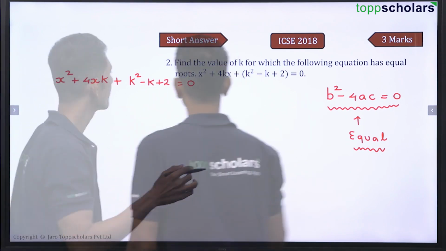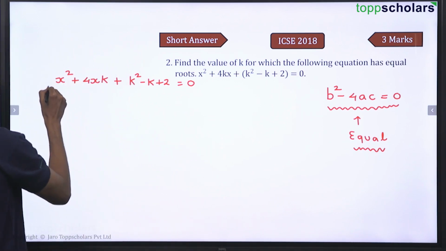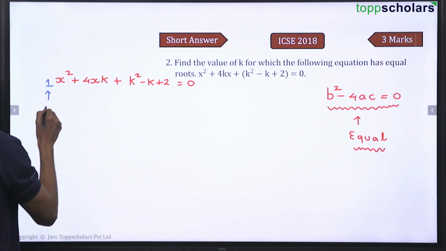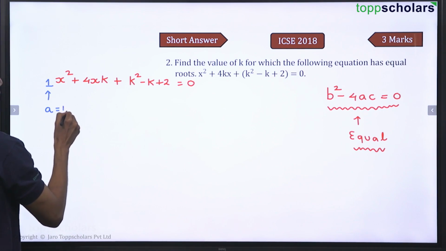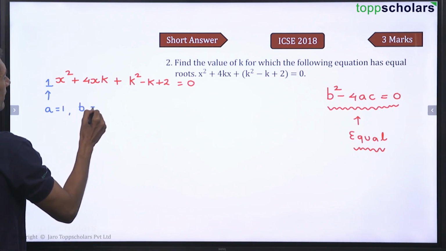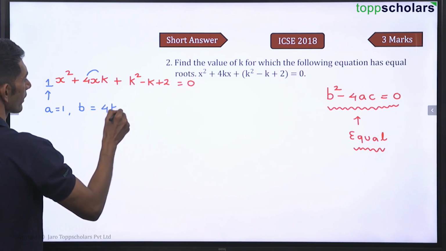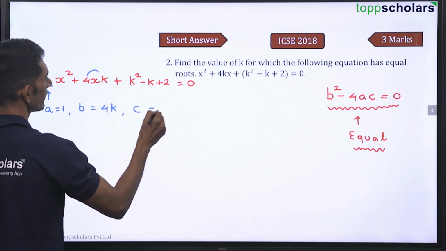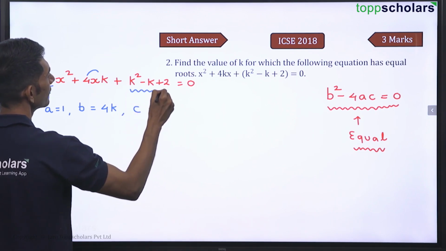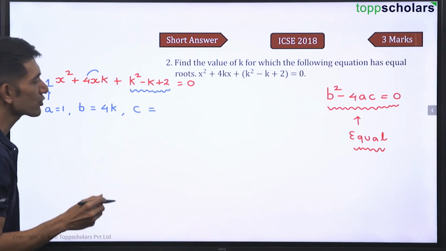Now understand, if you see very carefully, can I say my a is 1? Can I say my b is 4k, right? And can I say my c is this, k square minus k plus 2?